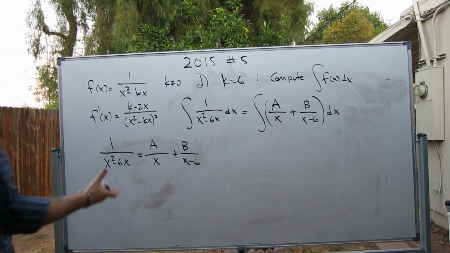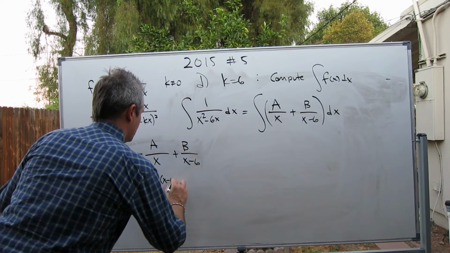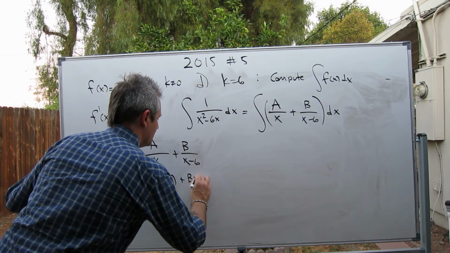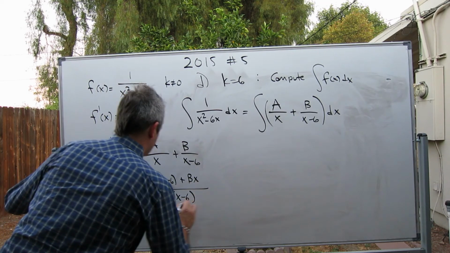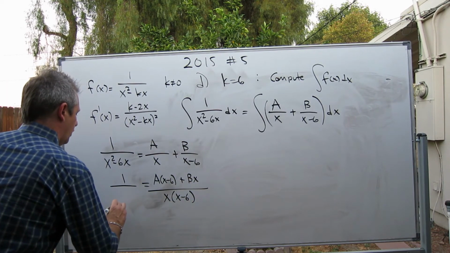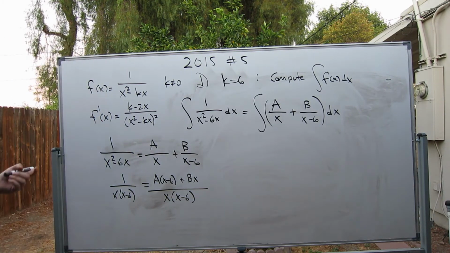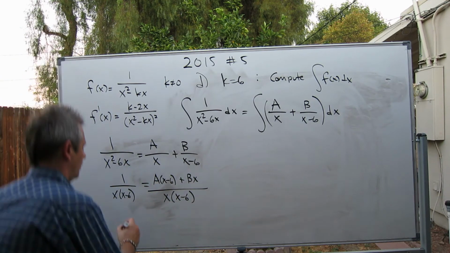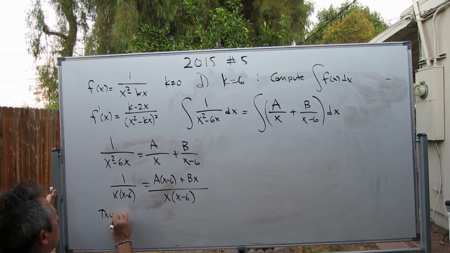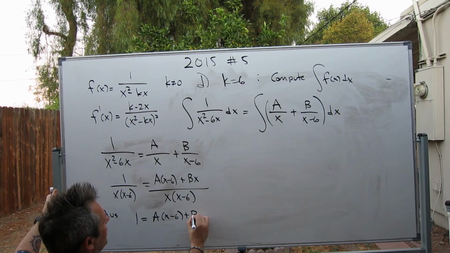If we look at the right-hand side of this, we find out that we have a times x minus 6 plus b times x over x times x minus 6 has to equal 1 over x times x minus 6. So if we focus our attention solely on the numerator here, we find out basically that 1 has to equal a times x minus 6 plus bx.